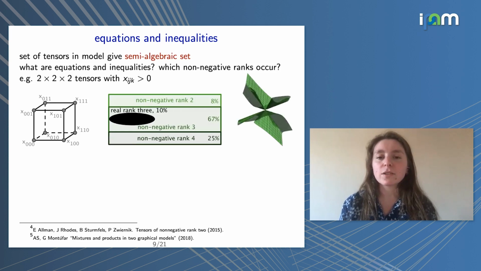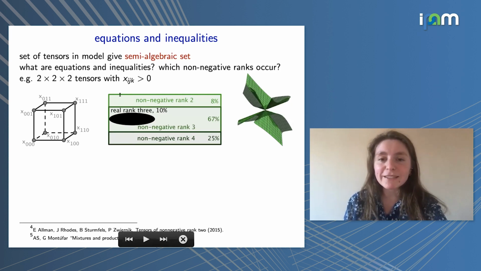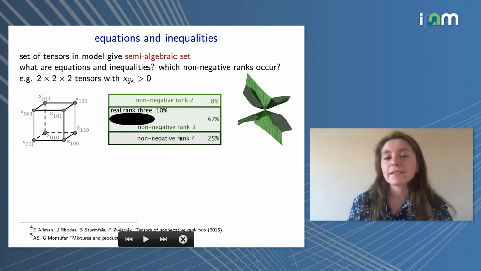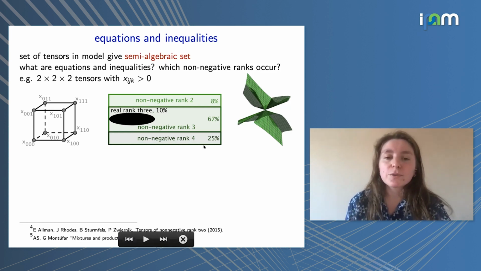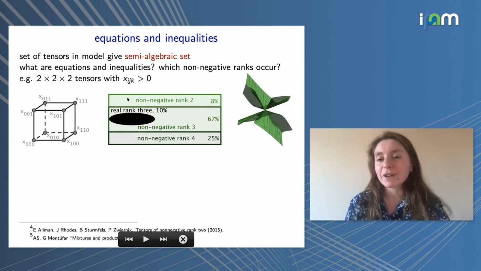All right, so here's a cartoon picture of what happens. Here's our space of all 2 by 2 by 2 tensors, and it separates into different pieces. The complex rank of a 2 by 2 by 2 tensor will generically be 2, so everywhere in this rectangle we have complex rank 2.